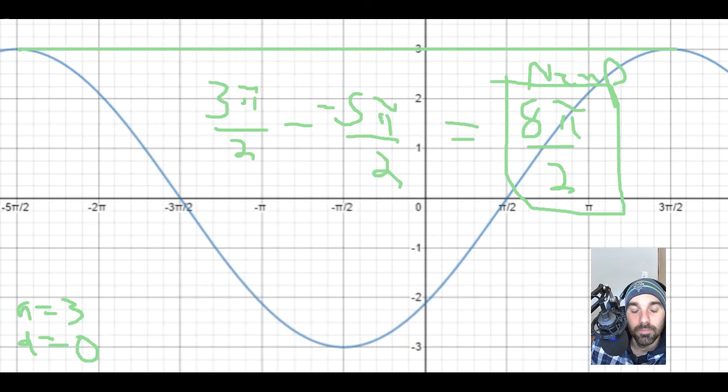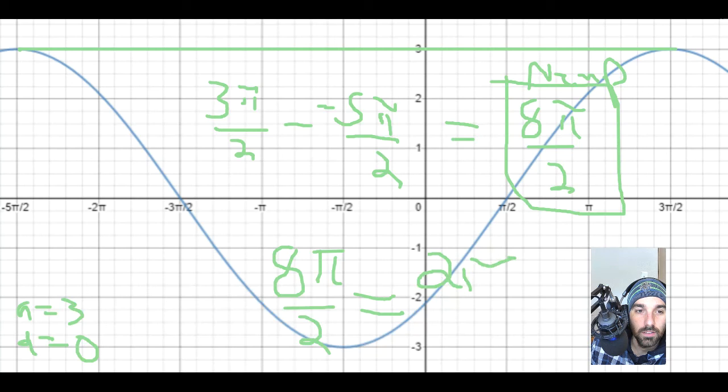Then we just have to remember that 8 pi over 2 equals my old period over b. So we can solve for b. I'm going to be dividing by 8 pi, so the pi's cancel out.